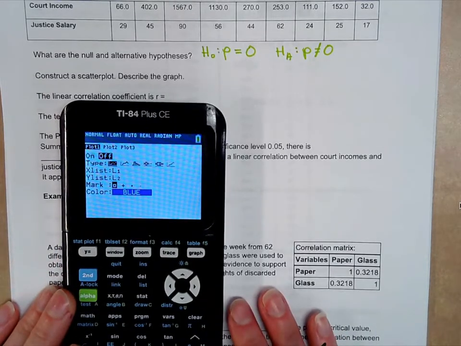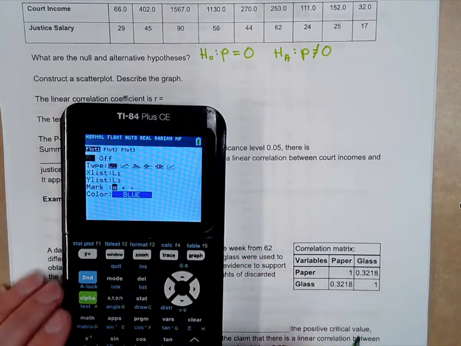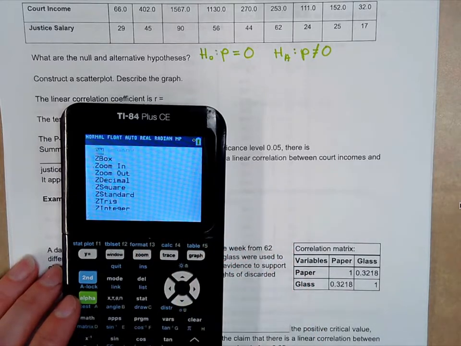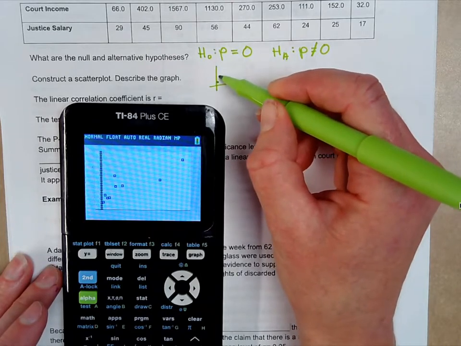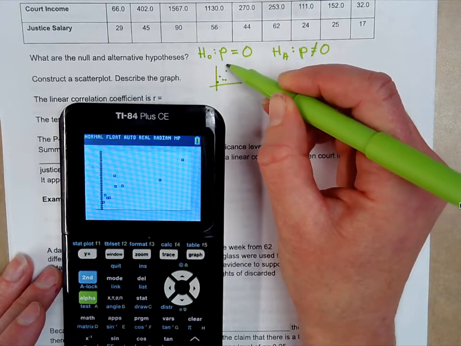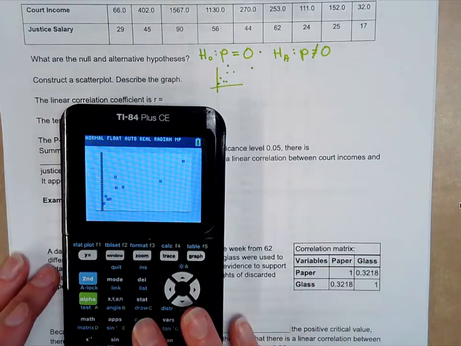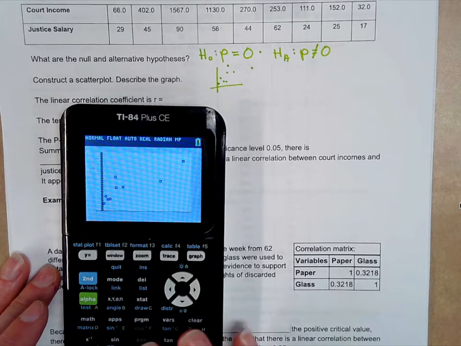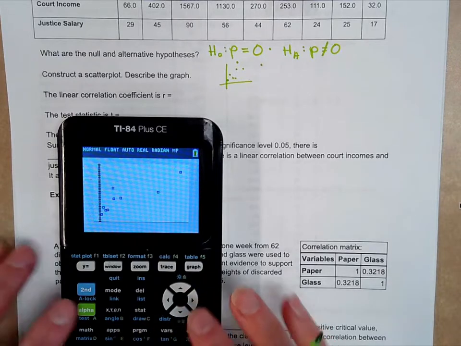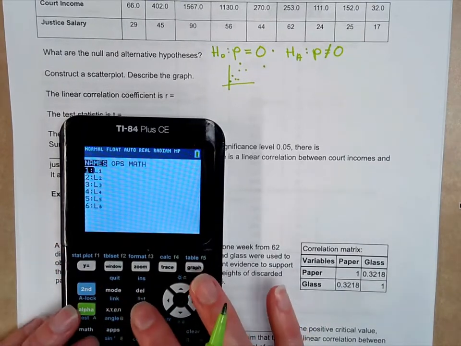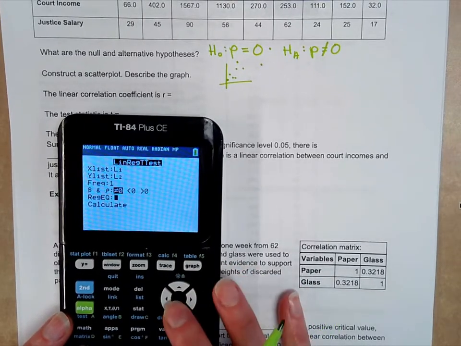Let's turn our plot on and look at it and make sure it looks somewhat linear. And it does. I just put little dots, kind of estimated what it looks like. And then go back to our linear regression t-test so we can get all of our information from here.